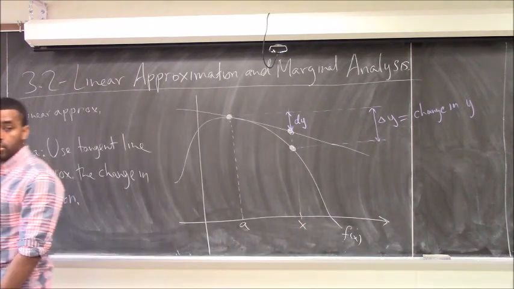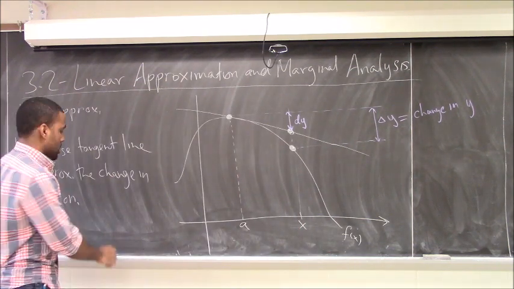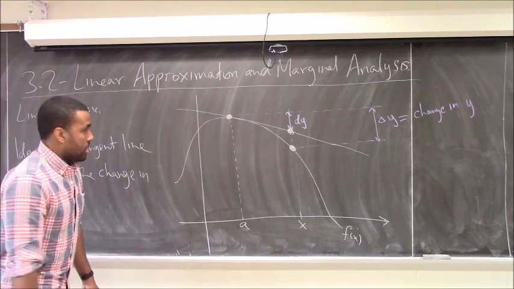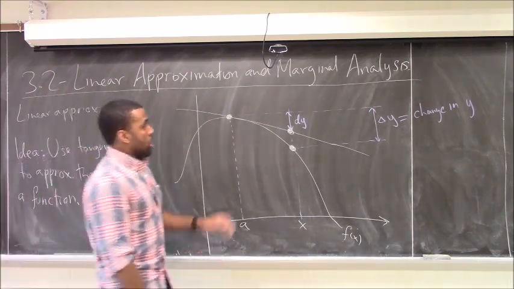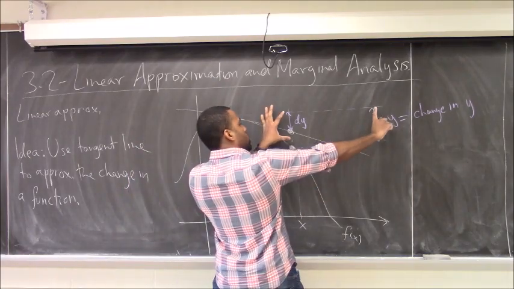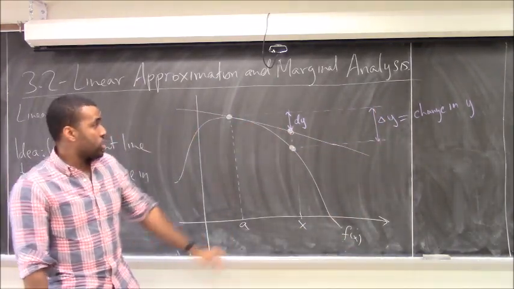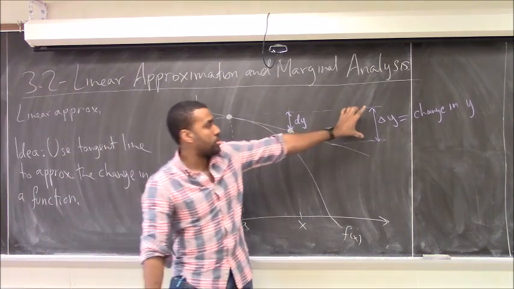That's the distance given by the derivative of the function. The idea is, if we don't go too far away from the original point, the difference between delta y and dy will be very small, so I can use this difference to approximate that difference.